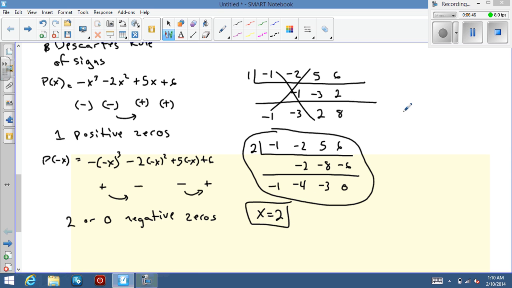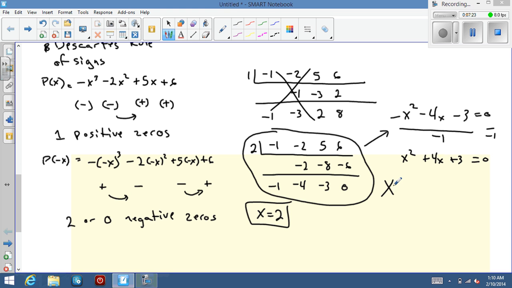Okay? Now, my new polynomial from this synthetic division is -x squared minus 4x minus 3. This is a quadratic, and I could set this equal to 0, and I can divide everything by -1, and I will get x squared plus 4x plus 3 still equals 0.